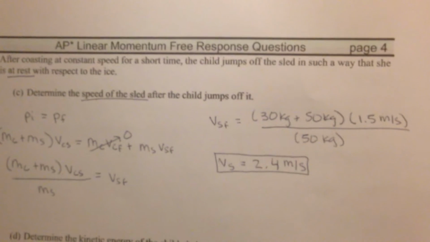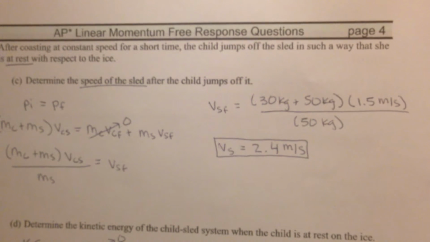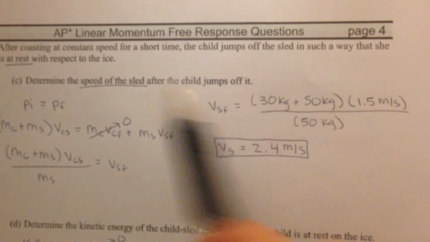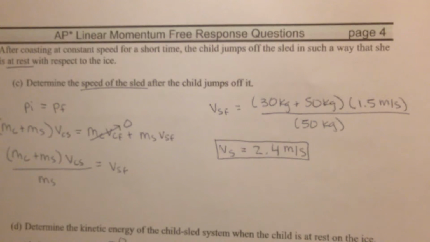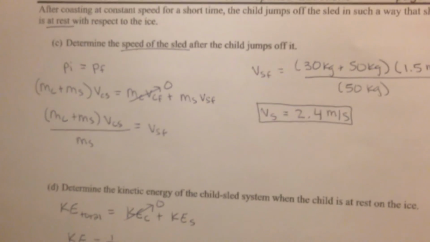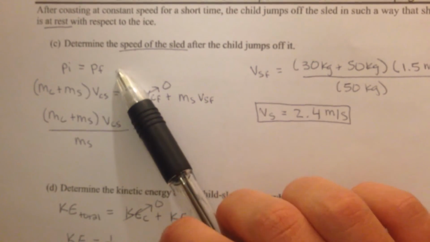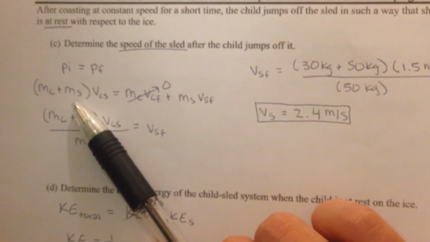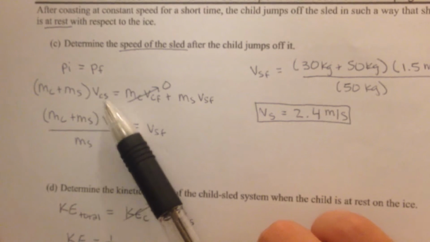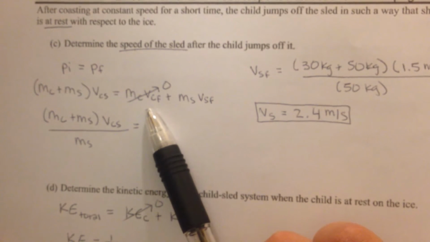Now, part C is saying determine the speed of the sled after the child jumps off it. So basically what happened here was after a short time, the child jumps off the sled, so she's at rest with respect to the ice. So we have conservation of momentum right here, but we're doing it kind of the opposite way this time. So the mass of the child and the sled together times their velocity, and then the child goes to rest.